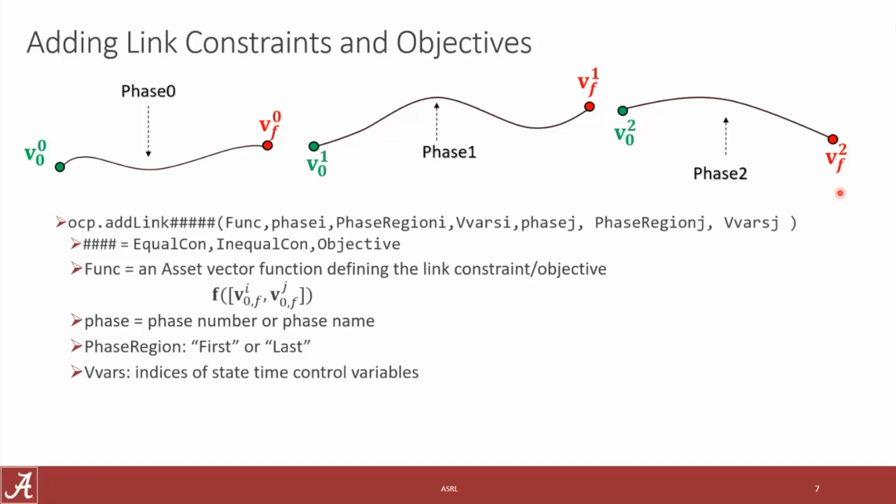The dynamics transcriptions only act within each phase, and then connecting them up is just equality constraints or inequality constraints. There's no dynamics at the junctures. That's why you can use the junctures between phases to represent discontinuous events like a discrete delta V or a planetary flyby.